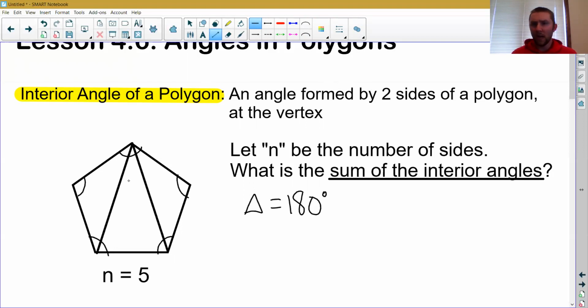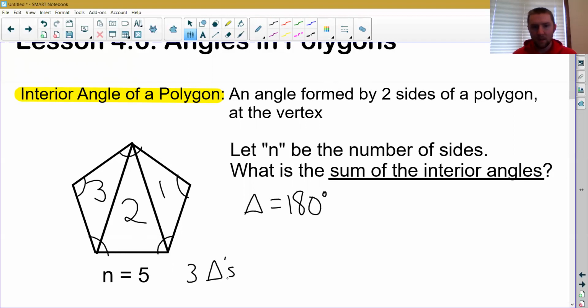So I draw 2 diagonals, and I want you to notice that I've divided my five-sided shape, my pentagon, into 1, 2, 3 different triangles. I have this triangle on this side, I have the one going down the middle, and then I have this one over on that side. So the five-sided shape got divided into 3 triangles, and each of those triangles has a sum total for its angles of 180 degrees.